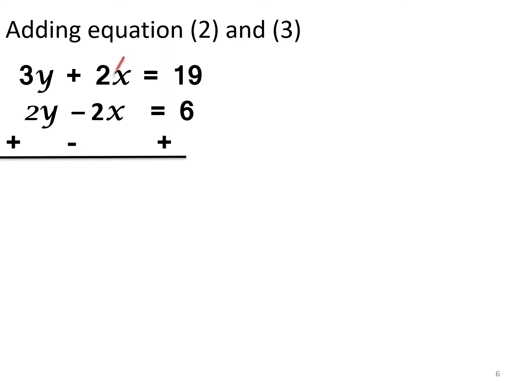Plus 2x minus 2x get cancelled. 3y plus 2y is 5y. 19 plus 6 is equal to 25. Therefore, y is equal to 5.